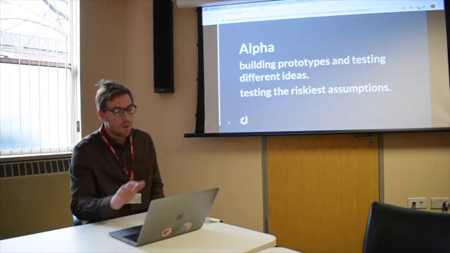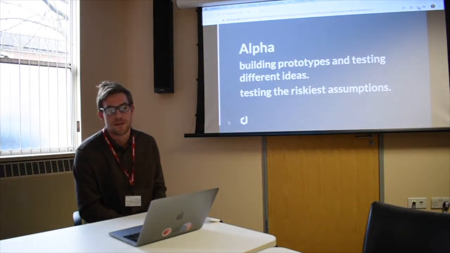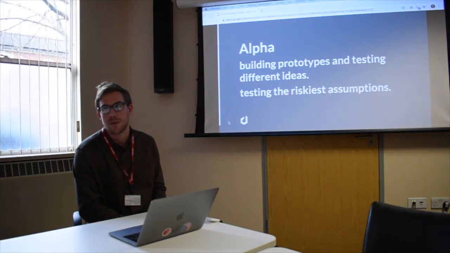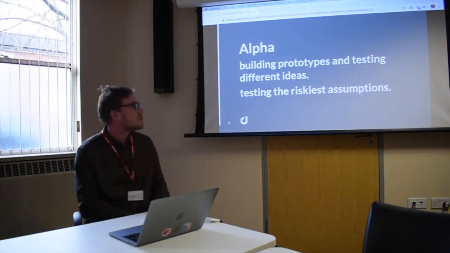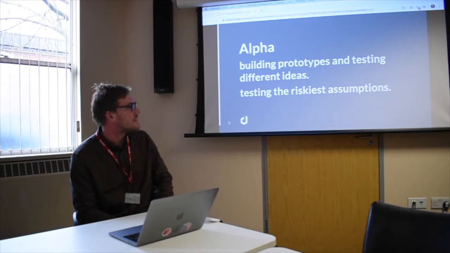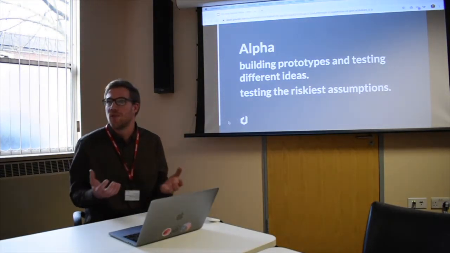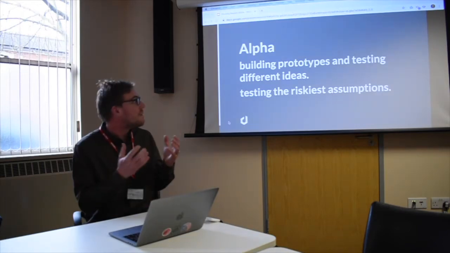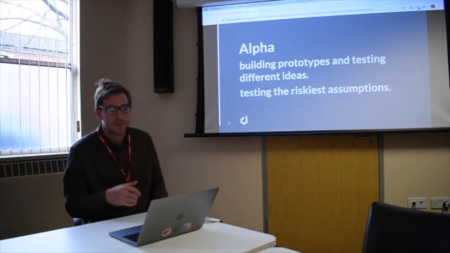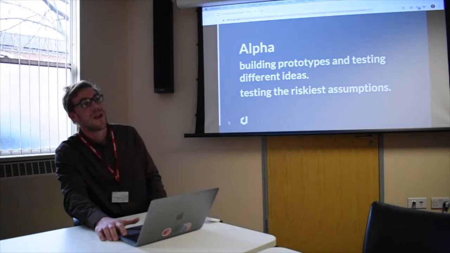In alpha, we are building prototypes and testing different ideas, and the idea of this is that we're testing the riskiest assumptions. So what are the things that really need testing at this point in order to understand, can this service be built in real life, in the wild? If that's the case, then that would go into a beta phase.